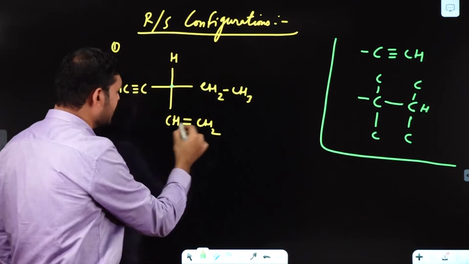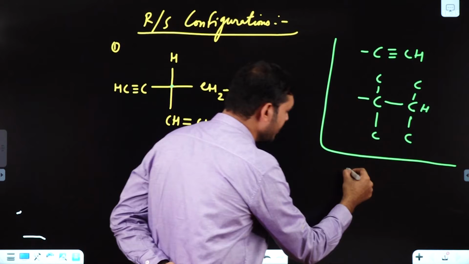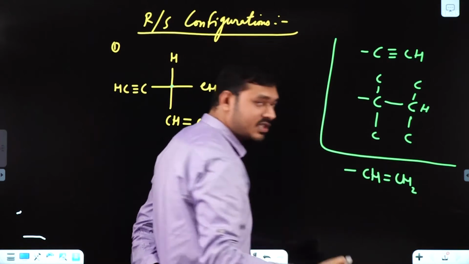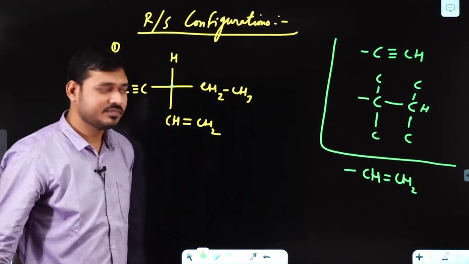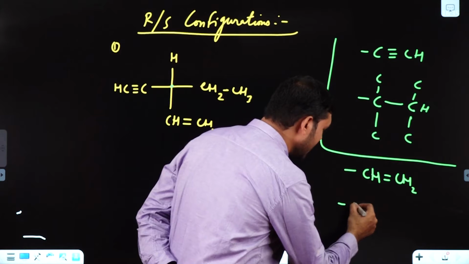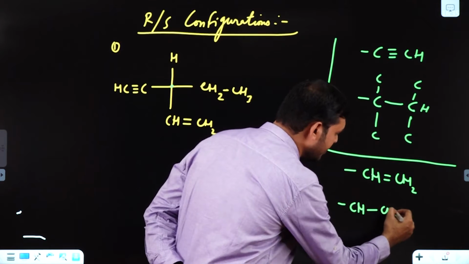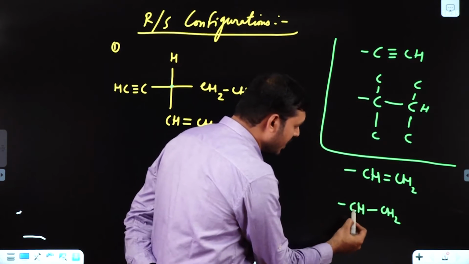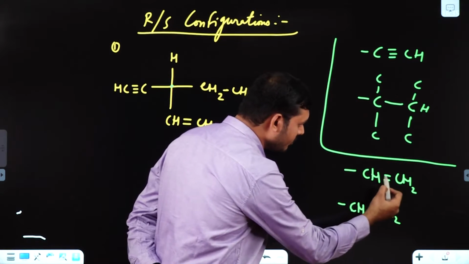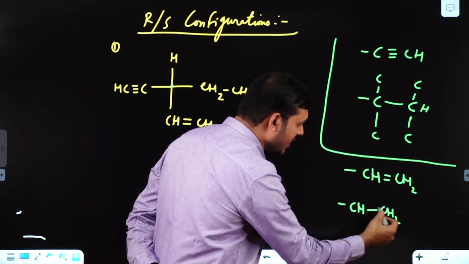Now let's see what about this one, CH double bond CH2. First of all you try by yourself. Here you can see this CH single bond CH2. This carbon is connected with a double bond, so one is already there.